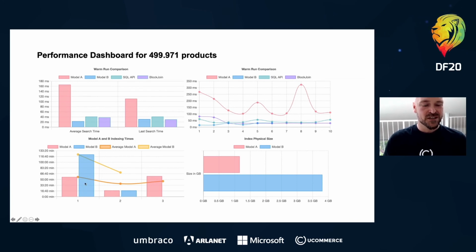You can see here in model B, it does take some time to move all that product from the database into the read-fast storage, but it only happens one time, and no customers are waiting for it, right? Only here is where this happens millions of times during a day, right? So we really want to optimize on that. Whereas indexing and preparing data only happens a couple of times a day, once an hour, something like that.